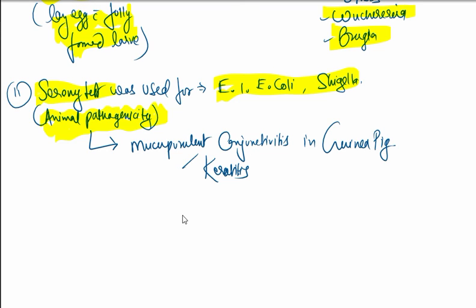So what we do is take the possible pathogenic sample and inoculate it into the eye of a guinea pig. If it develops mucopurulent conjunctivitis or keratitis, then the Sereny test can be said to be positive. This test is now not performed.